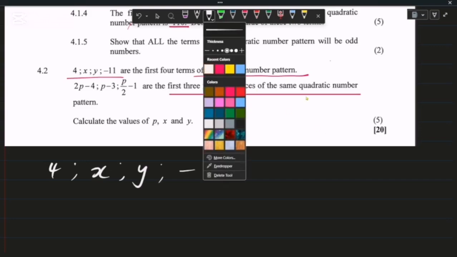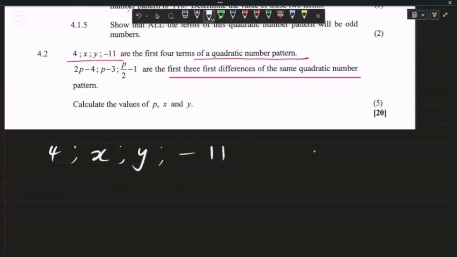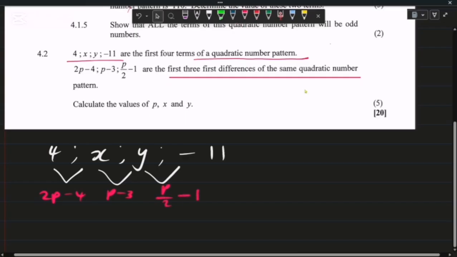And then the first differences of this quadratic pattern: there is 2p minus 4, and then there is p minus 3, and then there is p over 2 minus 1. Okay, and then they want us to determine the value of p, the value of x, and the value of y.